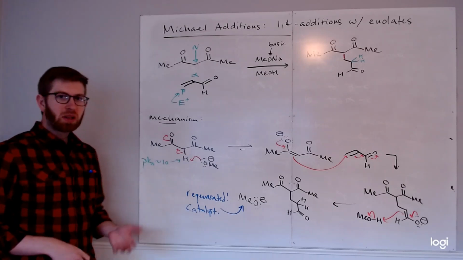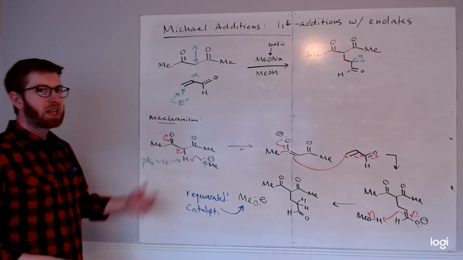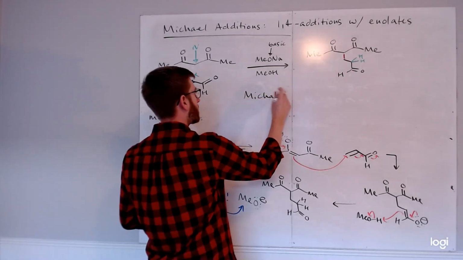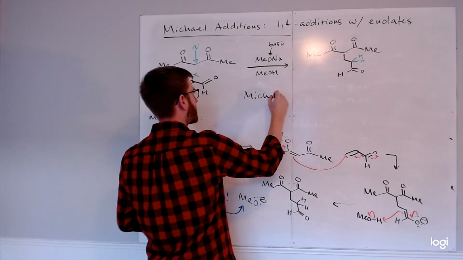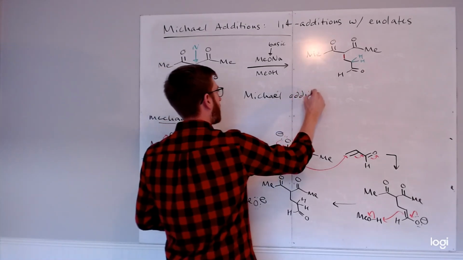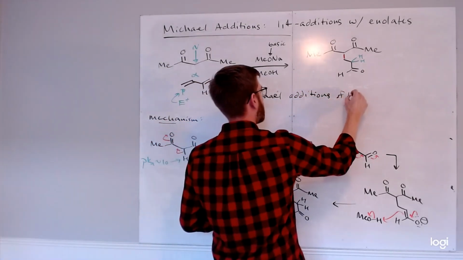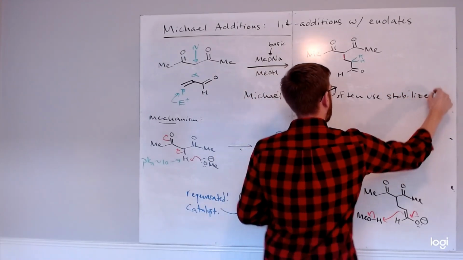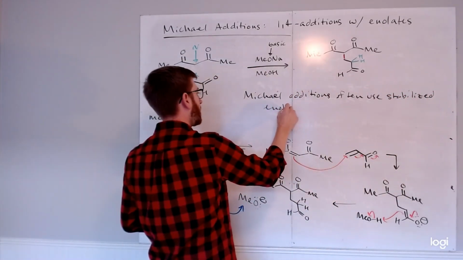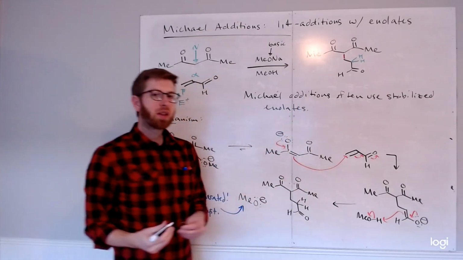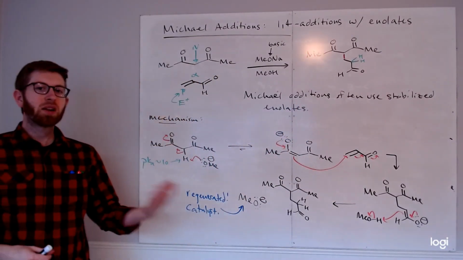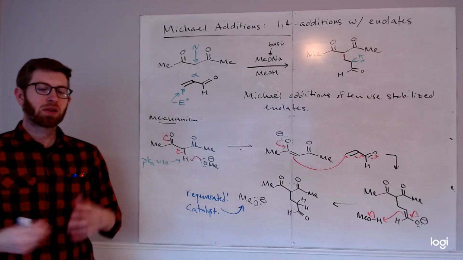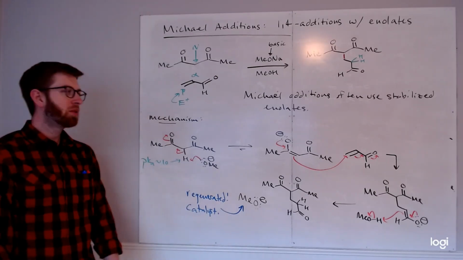Okay, so Michael additions typically work this way. They typically, but don't have to, use these stabilized enolates. So Michael additions, second spelling mistake, often use stabilized enolates. So these would be enolates from like beta keto esters, beta diketones, like 2 carbonyls flanking a single carbon unit with a proton.